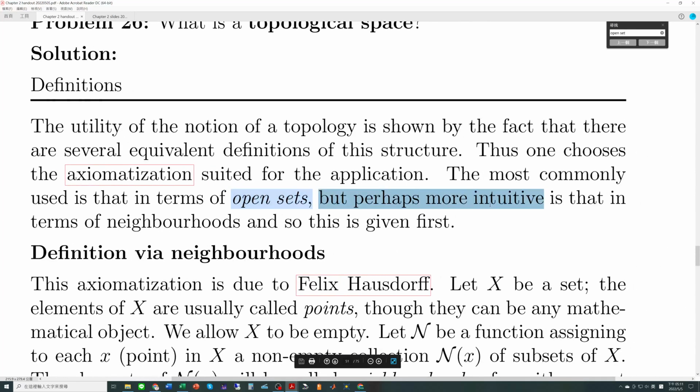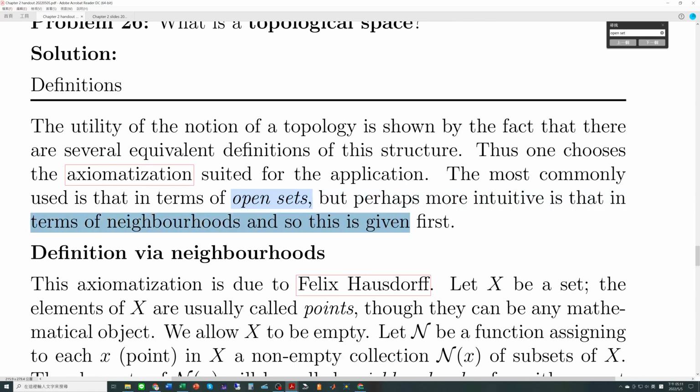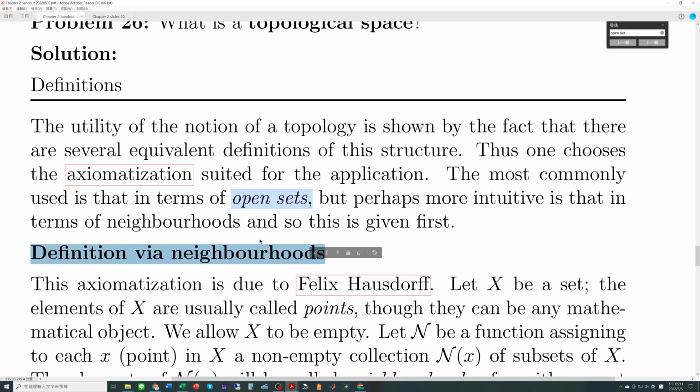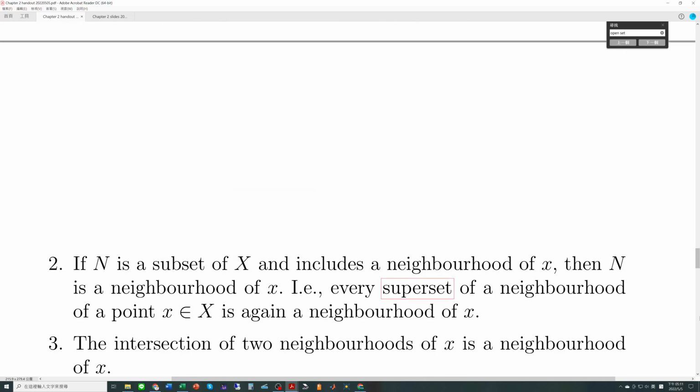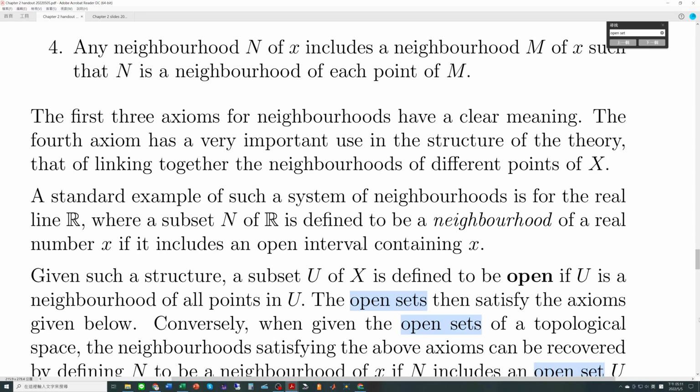But perhaps more intuitive is that in terms of neighborhoods, and so this is given first. Due to the time limitation, I only list the definition via neighborhoods here. If you want to know other definitions, such as the definition via open sets or the definition via closed sets, you can refer to this reference. Let us go to the end of this solution.